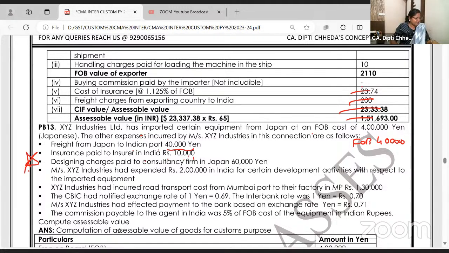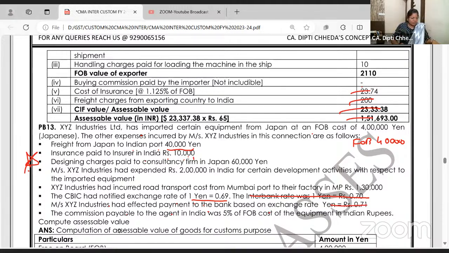So of course we will convert 40,000 into the currency. The currency rate must have been given to you, no? Yeah. CBIC has notified one rate. The interbank rate is given, and XYZ has effected payment to the bank based on some other. Forget it.